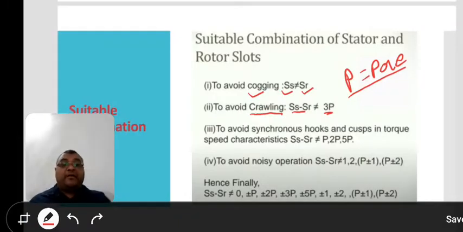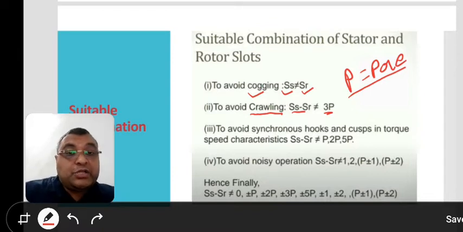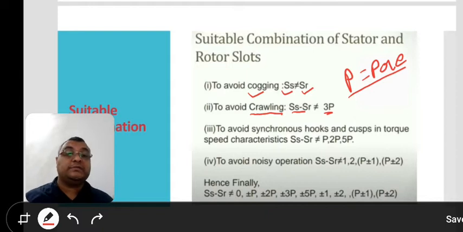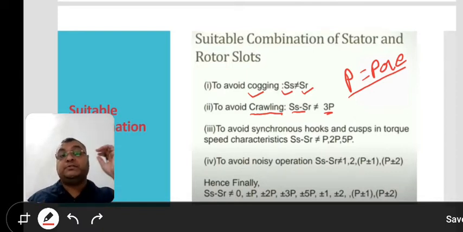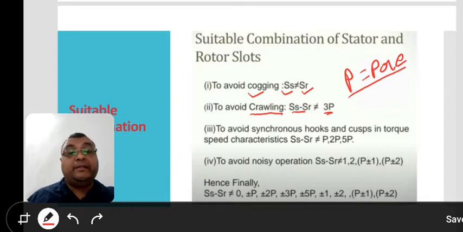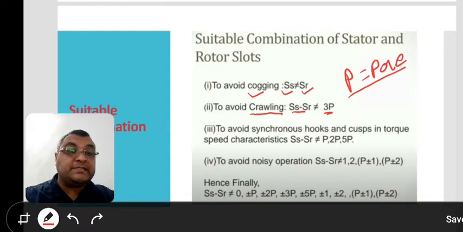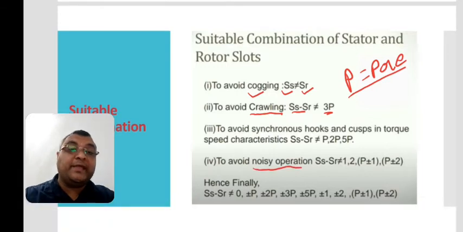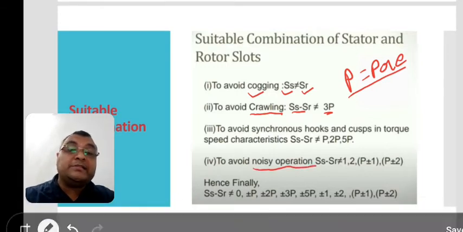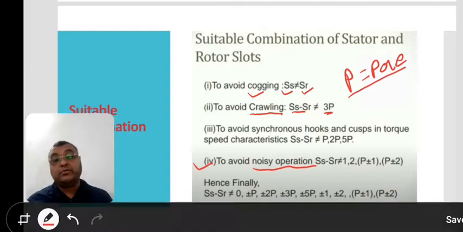So after finishing these three conditions, we are moving towards the fourth condition, which is also very important, because in a three-phase induction motor, many times there is noisy operation. So why does this noisy operation occur, and how can it be eliminated by fulfilling this condition?